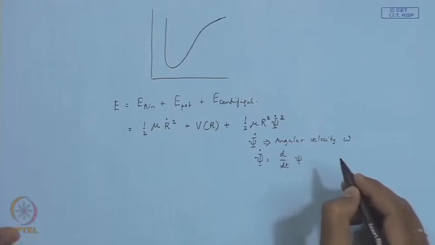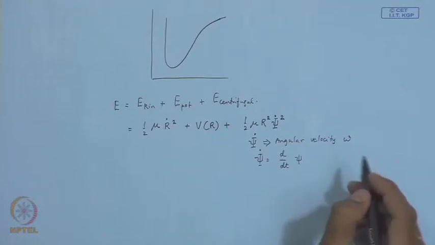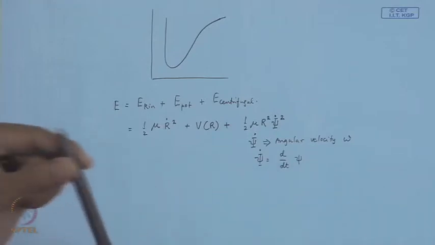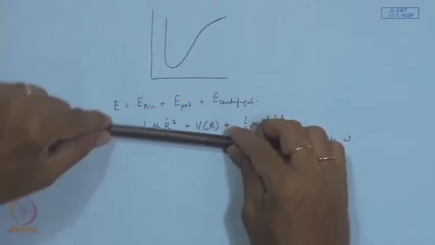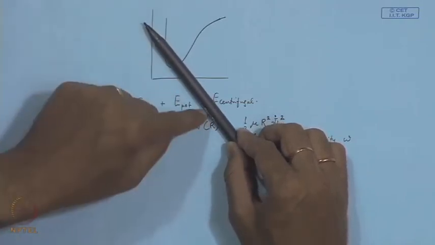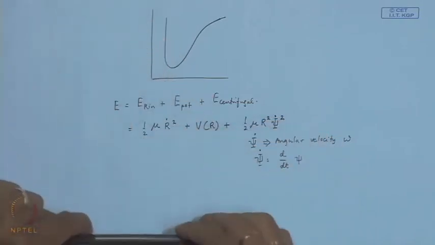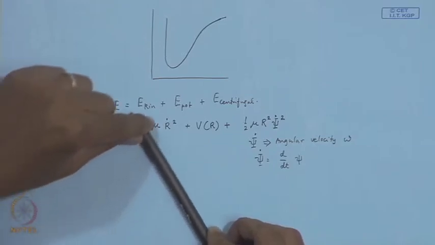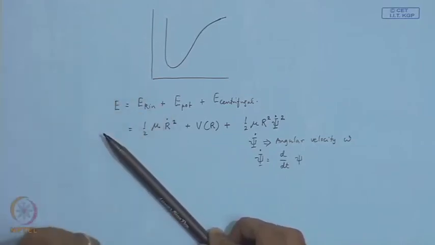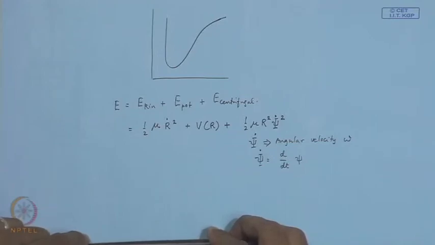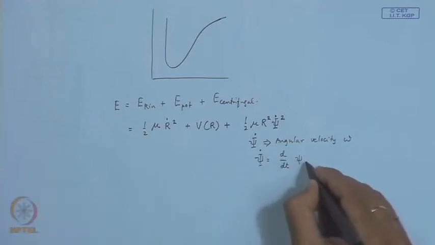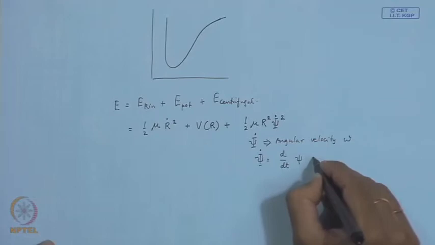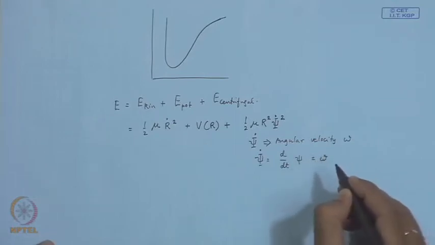That means this is how the orientation is changing. As a result, r is changing, and therefore this angle psi is also changing with respect to this, with time. That is why d psi by dt is used, which is equal to omega, the angular velocity.